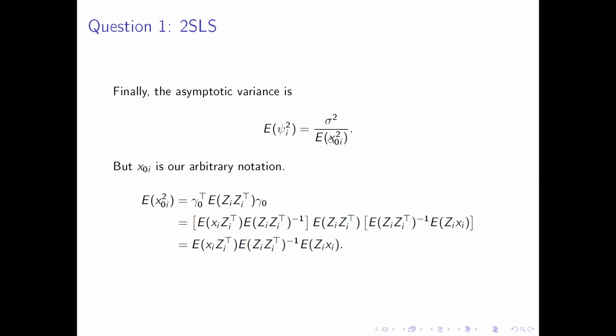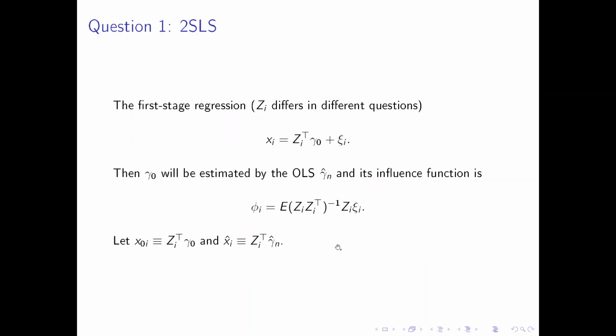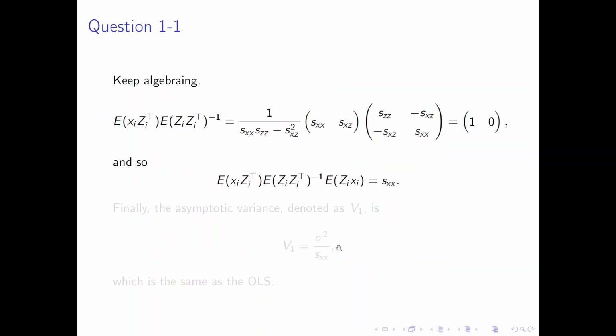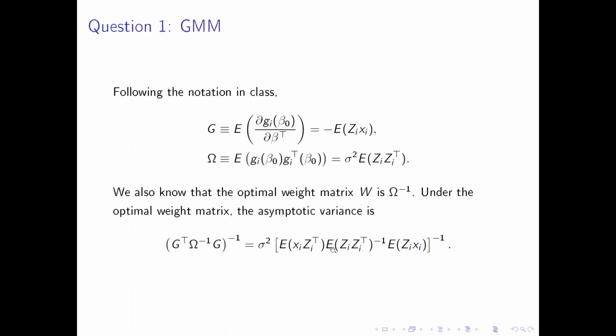So think about this. In the end, the final asymptotic variance is sigma squared divided by this. And you remember that was what we get here. Same thing, right? That was the same variance as the GMM. So actually everything is solved.